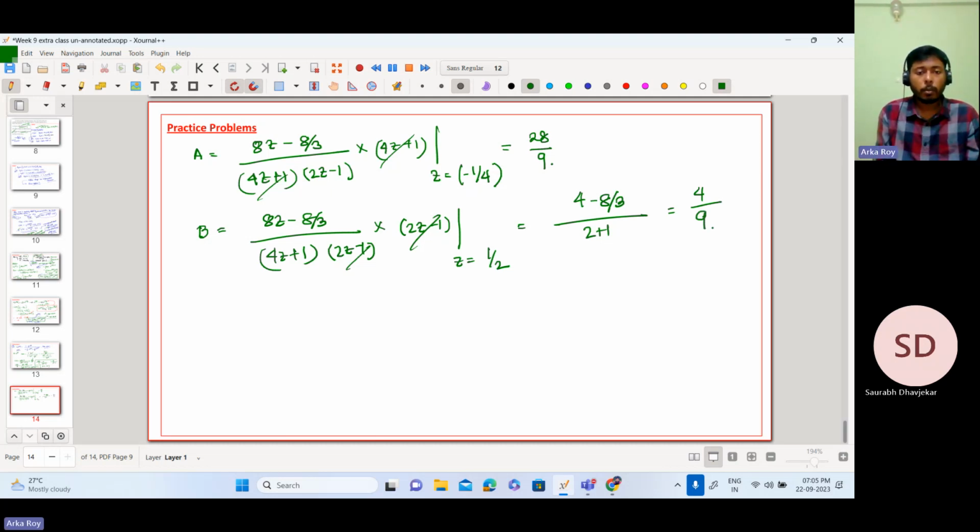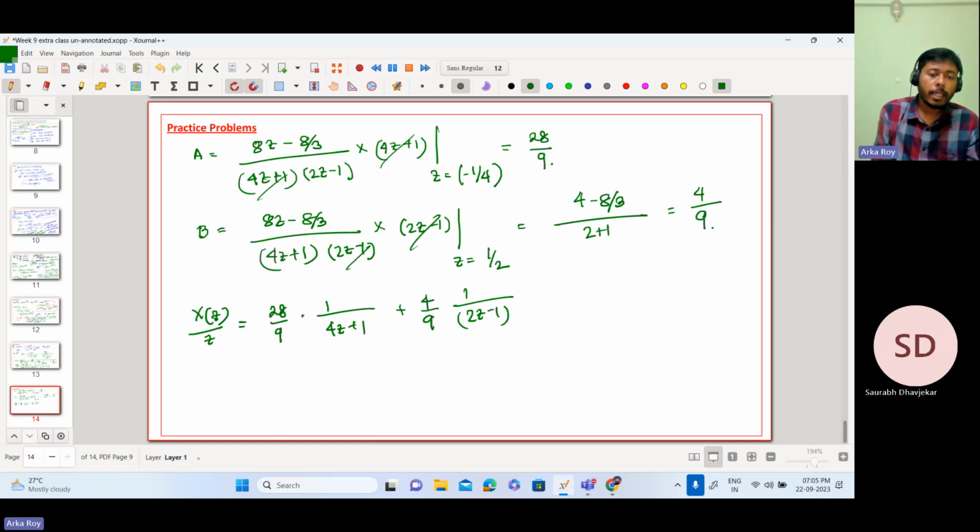So b will be 4 upon 9. Fine. So X(z) upon z, if I now use the values, is 28 by 9 times 1 by 4z plus 1, and over here 4 upon 9 times 1 by 2z minus 1.